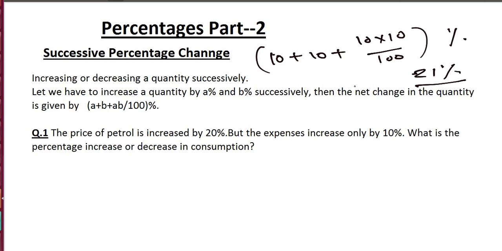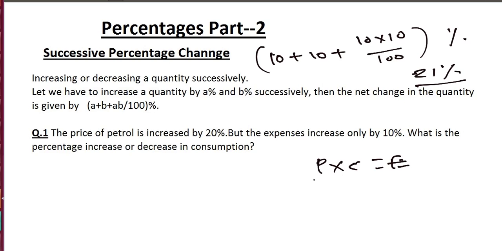This successive percentage change is applied to a single quantity. Also it can be applied to quantities which are in product. For example, if we have two quantities here, P into C, price into consumption is equal to expenditure. I can make use of successive percentage change here also.